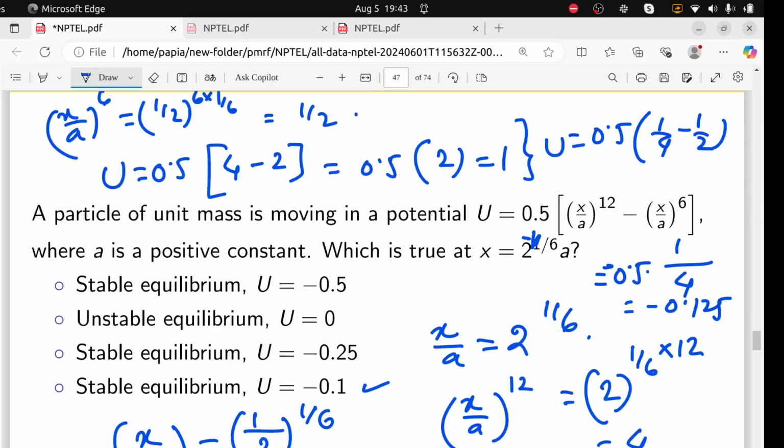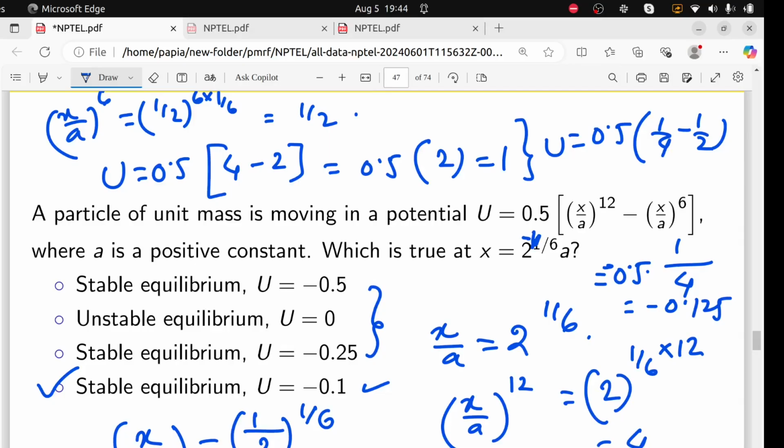And whether it is a stable equilibrium or not, for that we will calculate this one. So by seeing the value of u equals to minus 0.1 and all other options are not correct, we can see that this is the correct one, stable equilibrium, with u equals to minus 0.1. How is it coming as minus 0.1?